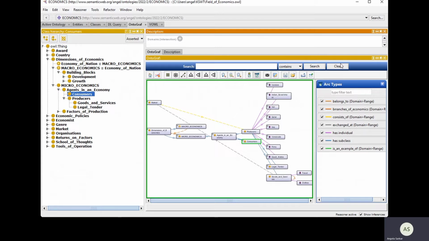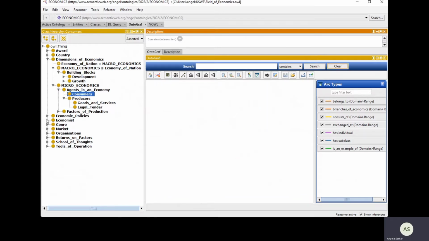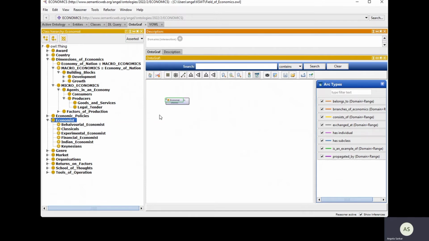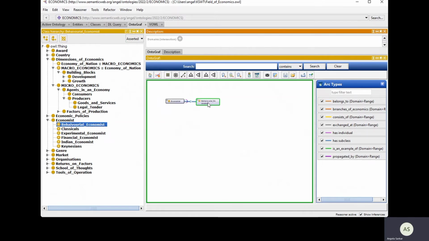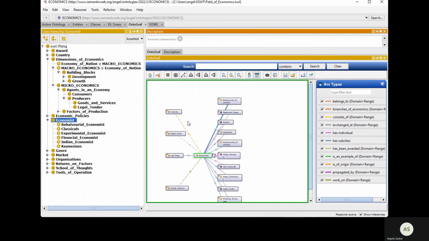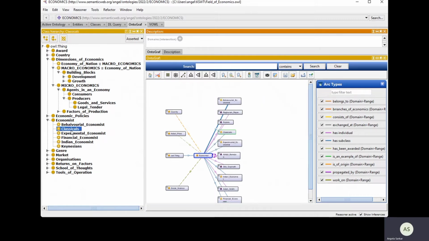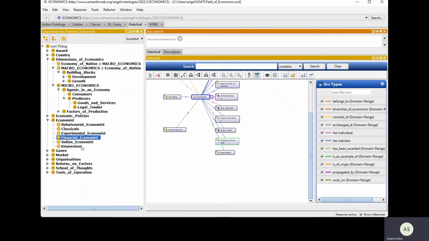Now let's clear it. If you want to look into the economist, let's have a look here. So what you find here: behavioral economics, classical economics, and experimental economics, there are many. Indian economists, Keynesians.